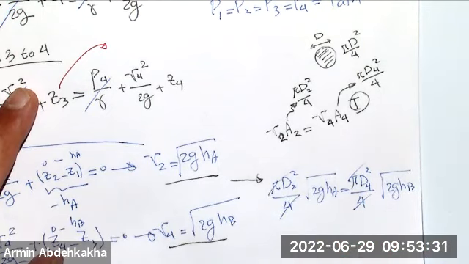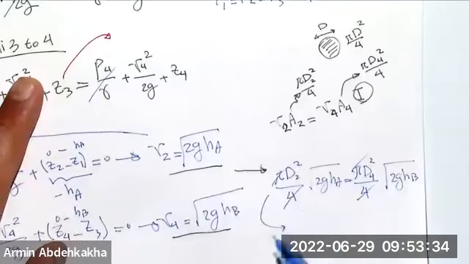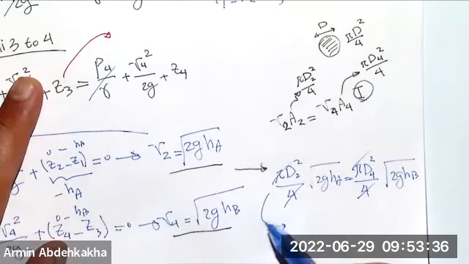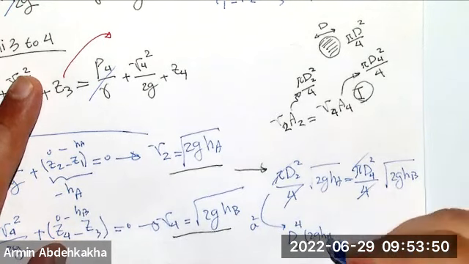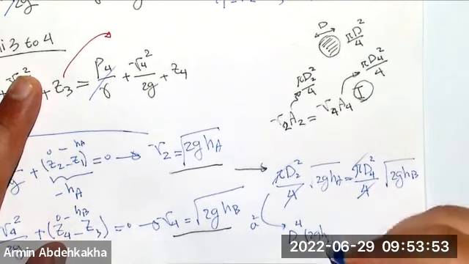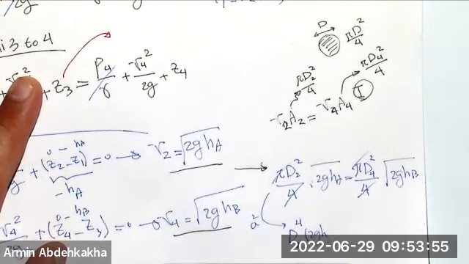Okay, and then I take each side to the power of 2. Each side to the power of 2 is going to give you D2 to the power of 4 times 2GHA, right, is equal to D4 to the power of 4 times 2GHB, correct?